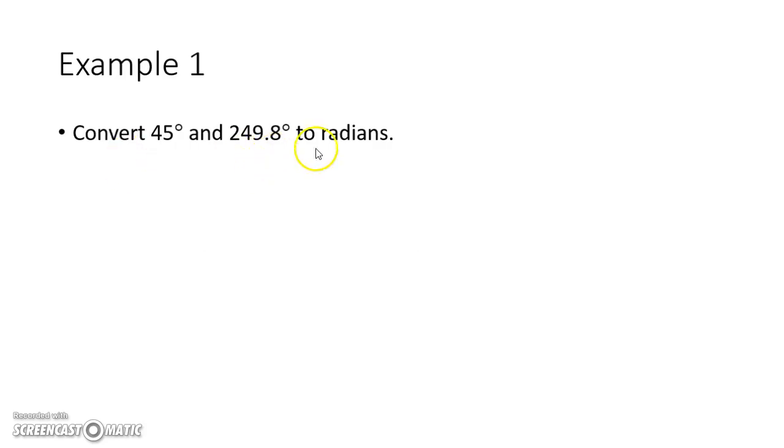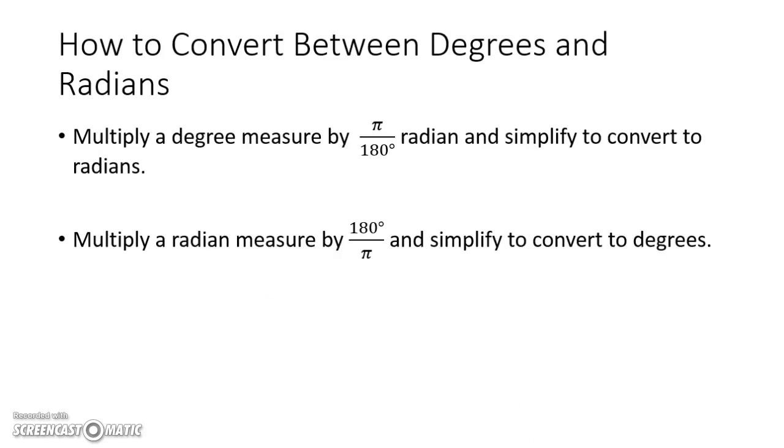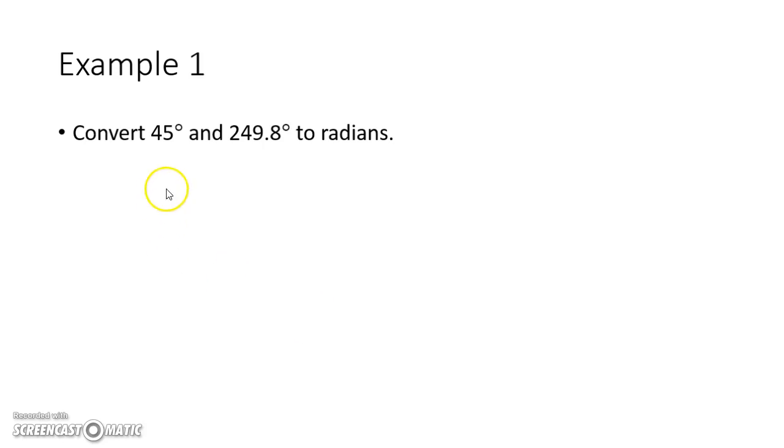The first example we're going to do is we're given 2 measurements given in degrees. You can tell they're degrees by these little circles here. And they want us to switch to radians. So to convert to radians, just like you would any units, we have to multiply by pi over 180. So 45 degrees, multiply by pi over 180.